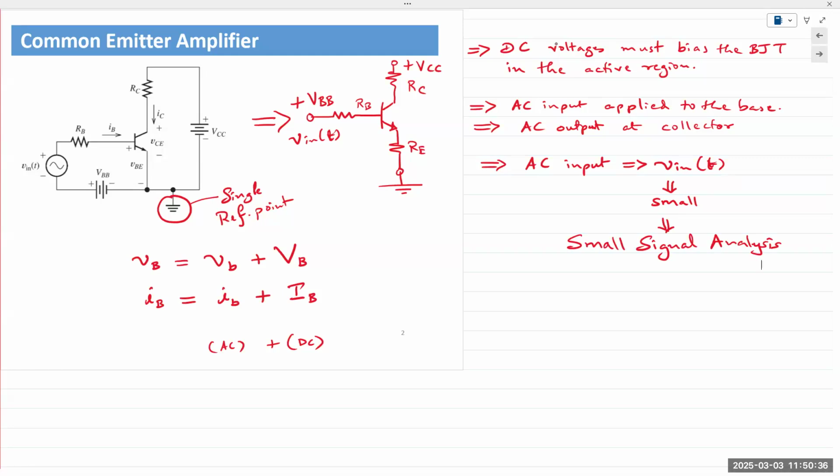If you wish to apply linear analysis techniques to any nonlinear device, we take a small portion of the signal and assume that it behaves linearly for that small portion. So the AC input signal applied is very, very small, and the analysis that we do for these small AC input signals is known as small signal analysis. Later on in this chapter, we'll look at what constitutes small signal analysis and what constitutes large signal analysis.